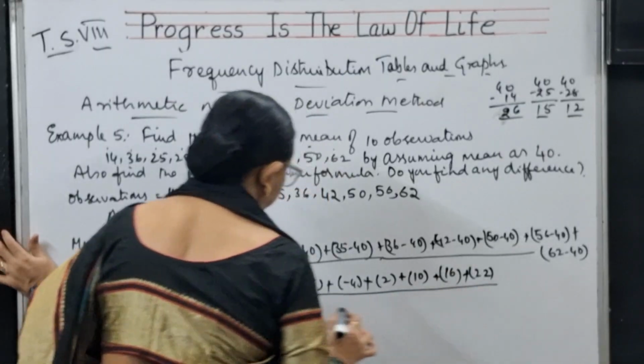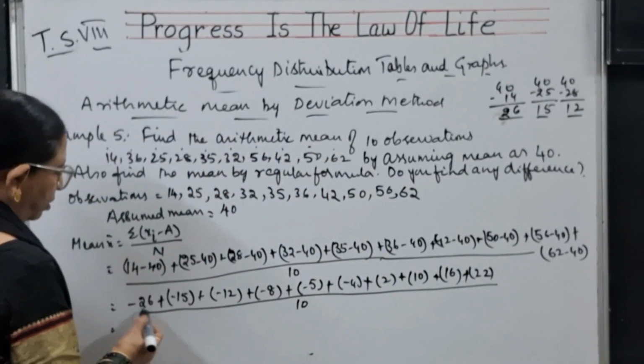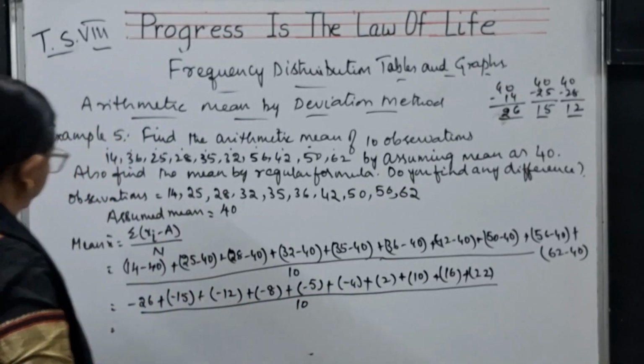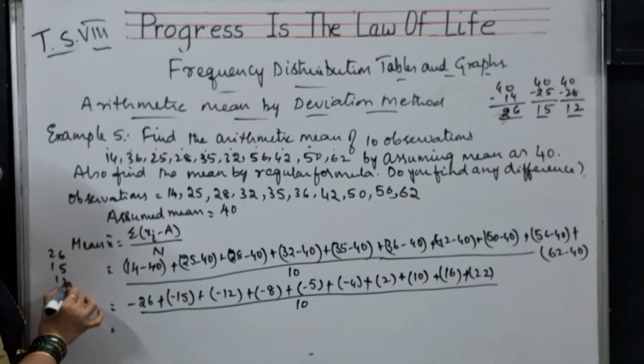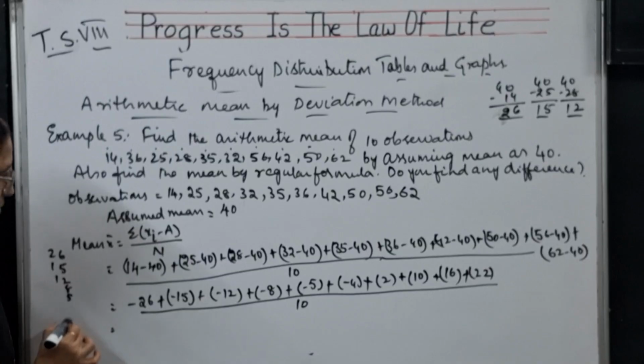So how much are you getting, children? All these negatives we have to add first: 26, 15, 12, 8, 5, 4.